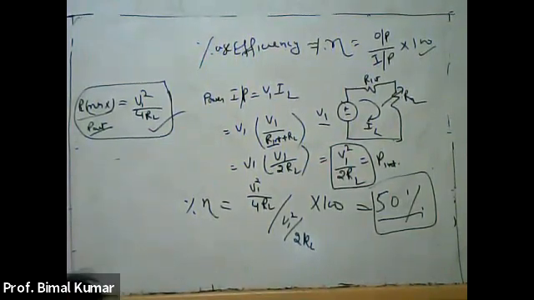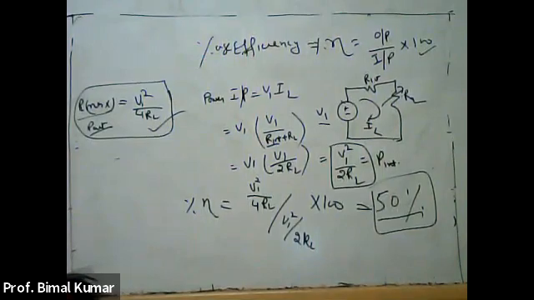So this is very important that V1 is your Thevenin equivalent voltage and RL is the Thevenin equivalent resistance, right?